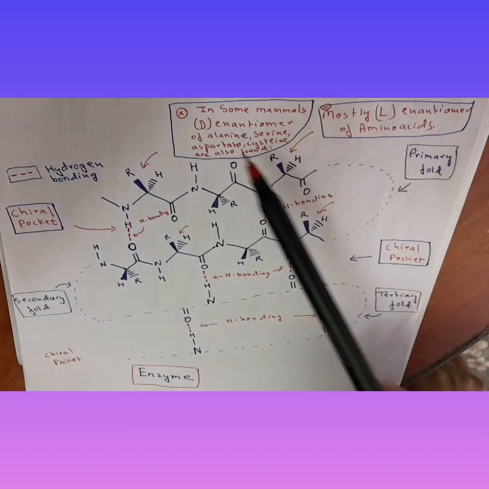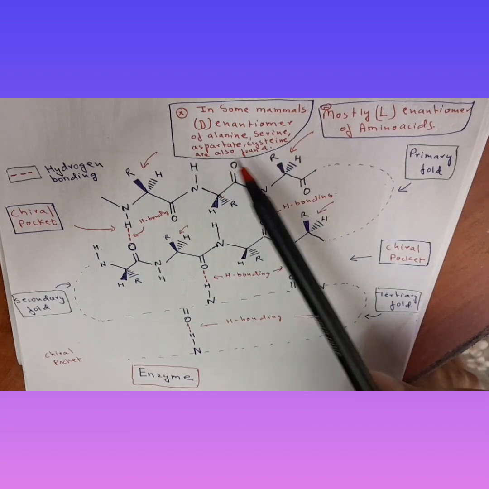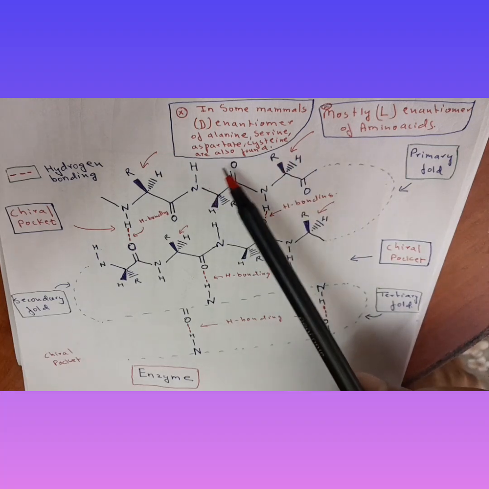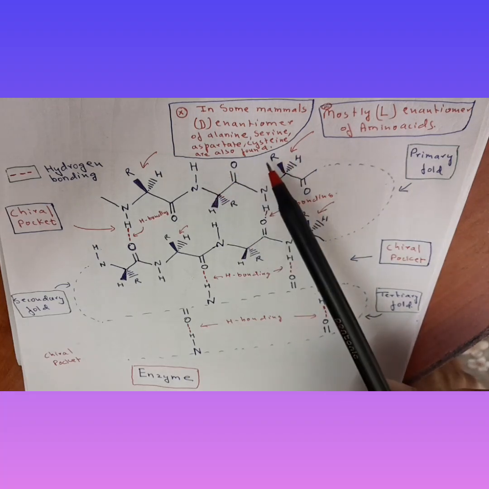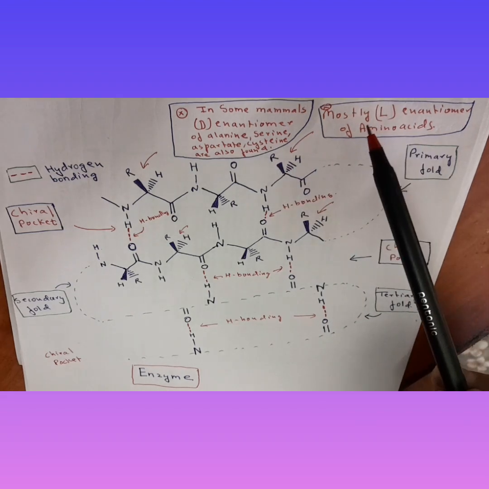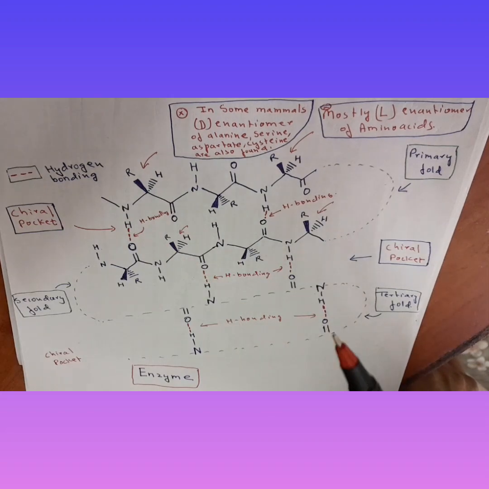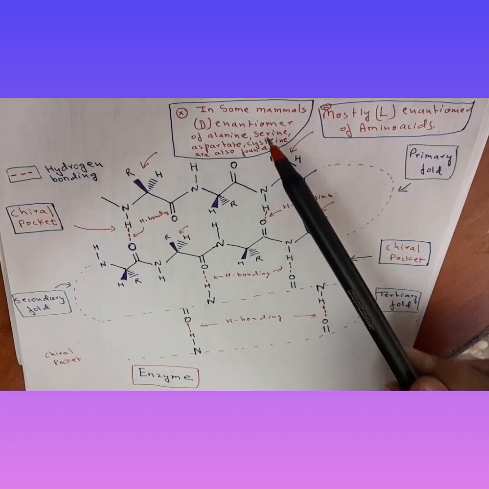In some mammals, D enantiomers of alanine, serine, aspartate, cysteine are also found. So basically if we check, it would be all L enantiomers, but in some cases we would also find D enantiomers.